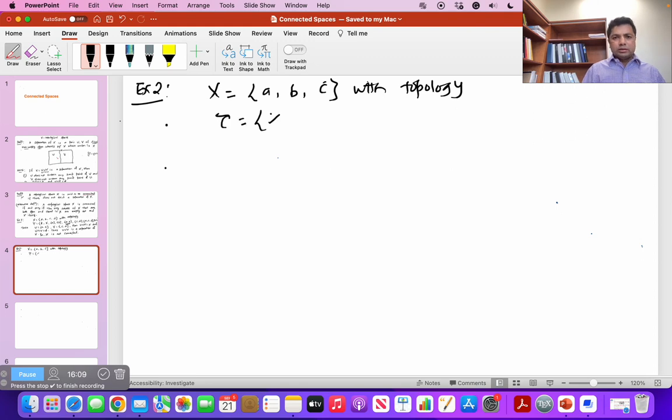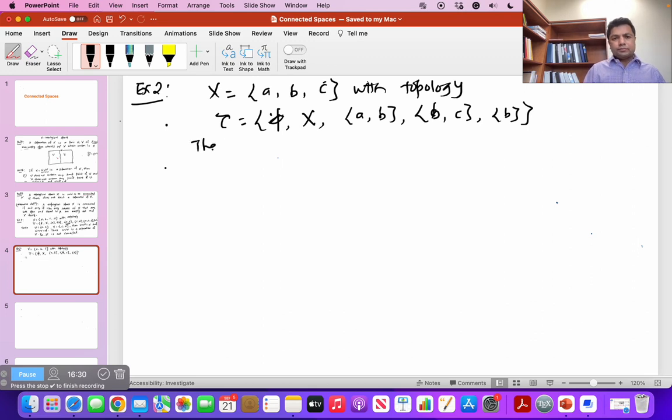Let's say it is the empty set, the whole set, the two element sets A, B and B, C, and the singleton set B. So we have a topological space X with the topology tau.